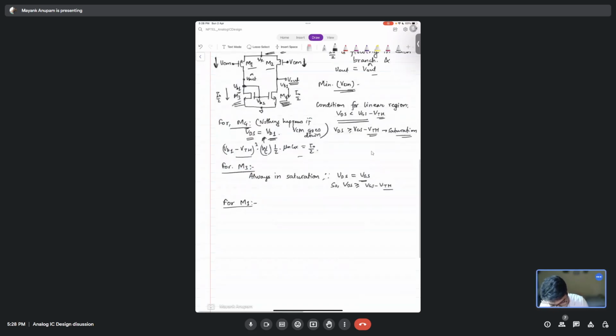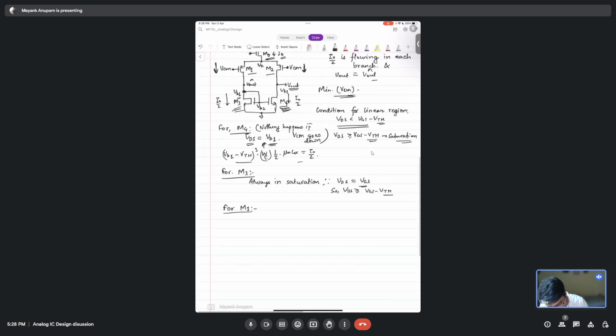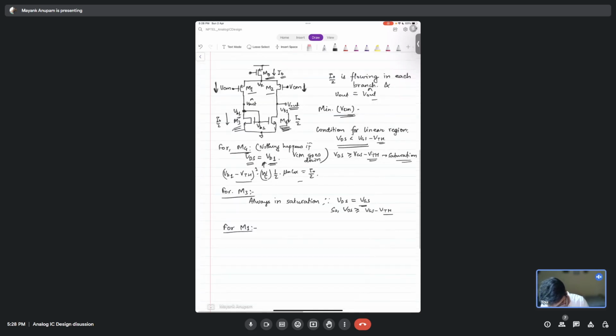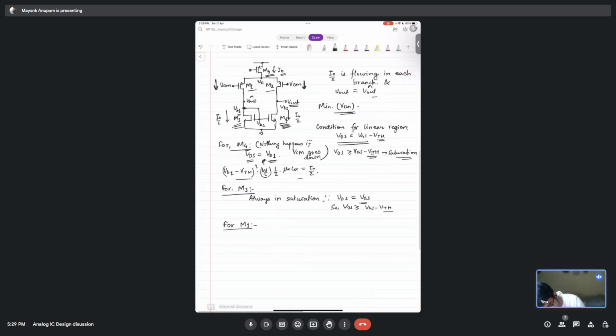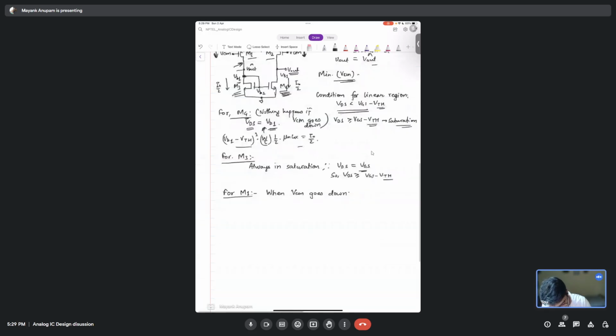Fine. So what happens to M1? Tell me. As VCM goes down, Vout, this drain terminal, does it change? No sir. So when VCM goes down, the drain is fixed, right?